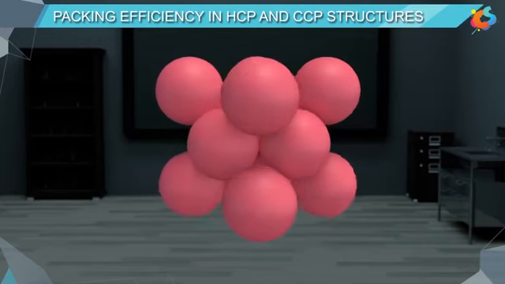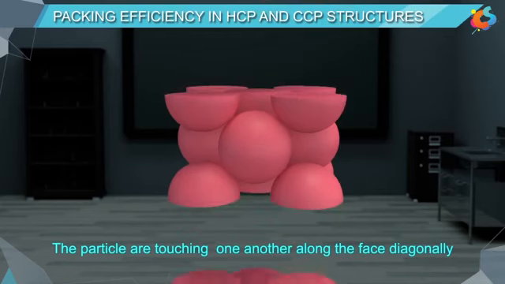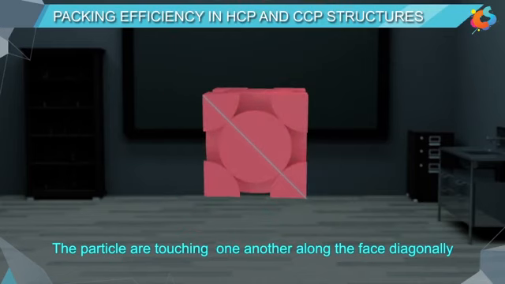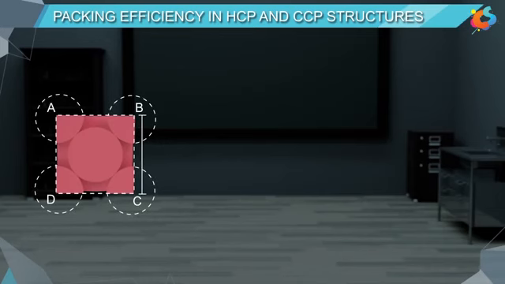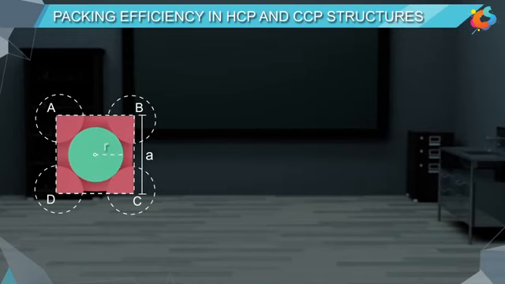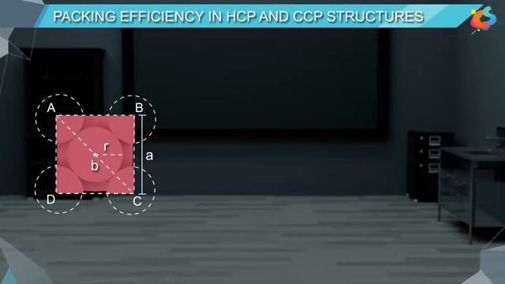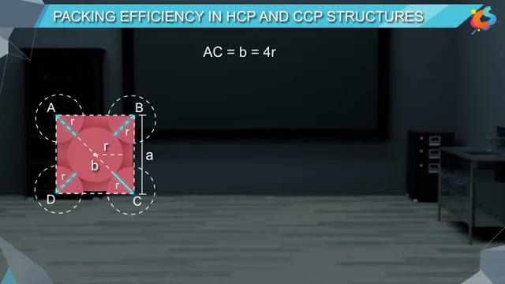In this type of arrangement, the particles are touching one another along the face diagonally. Let the edge length of the unit cell be a. The radius of each sphere be r, and the face diagonal be b. AC is equal to b, which is equal to 4r.